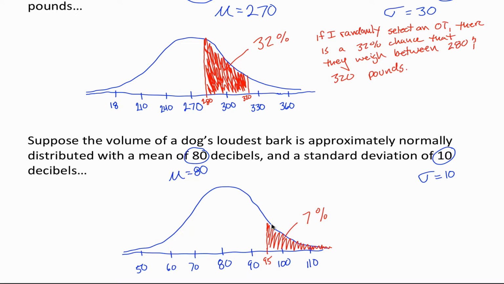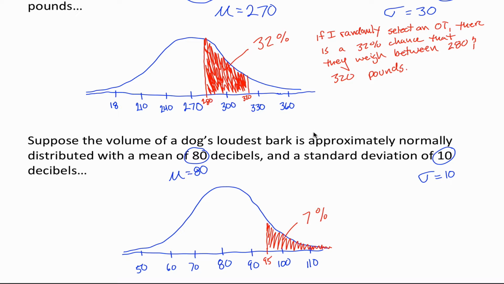I want you to understand that one way you can interpret this is, if I grab one dog at random, there is a 7% chance that it barks louder than 95 decibels. Right, kind of rewriting this sentence right here, except in terms of dogs and barks instead of offensive tackles and their weight. One interpretation is, you grab one at random, what's the probability that they're in that range?